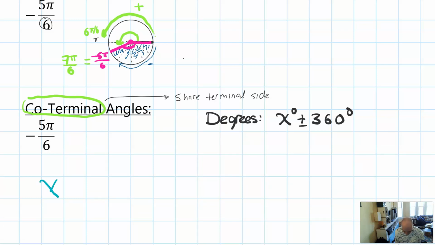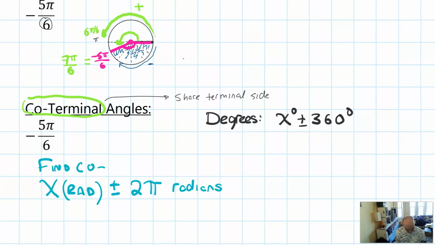So we'll have x radians, in parentheses, plus or minus 2 pi radians to find coterminal angles. For example, in the negative 5 pi over 6 example, to find a coterminal, I could add 2 pi to that angle.